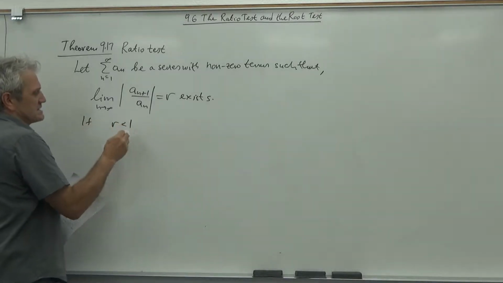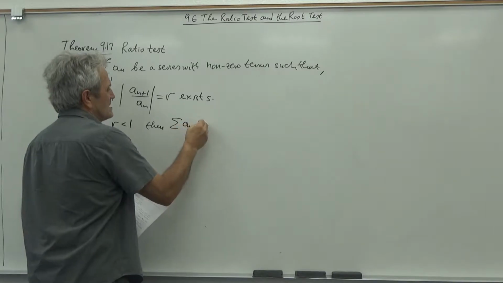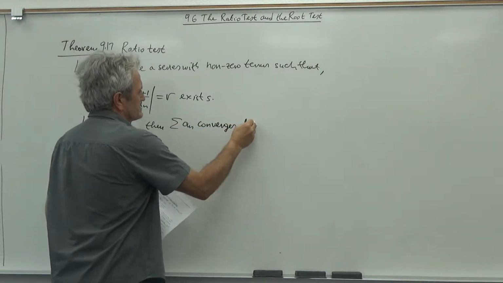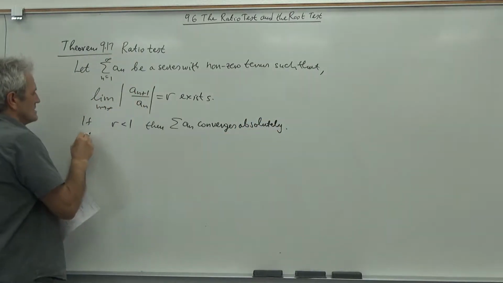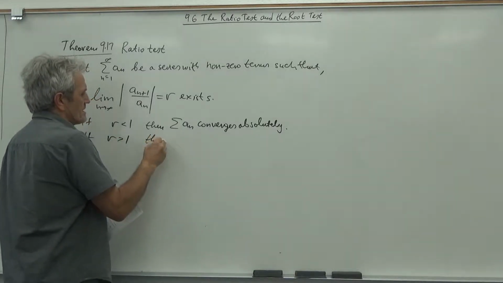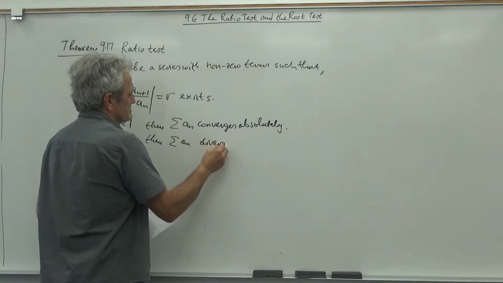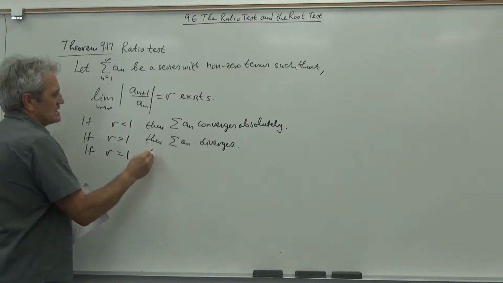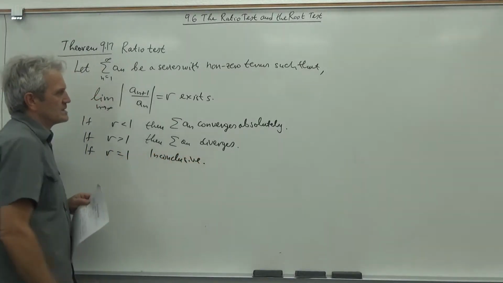If r is less than 1, then the sum of a_n converges absolutely. If r is greater than 1, then the sum of a_n diverges. If r equals 1, it is inconclusive, it can go either way.